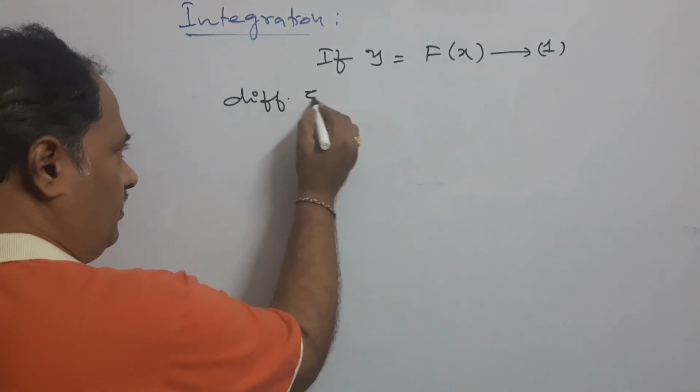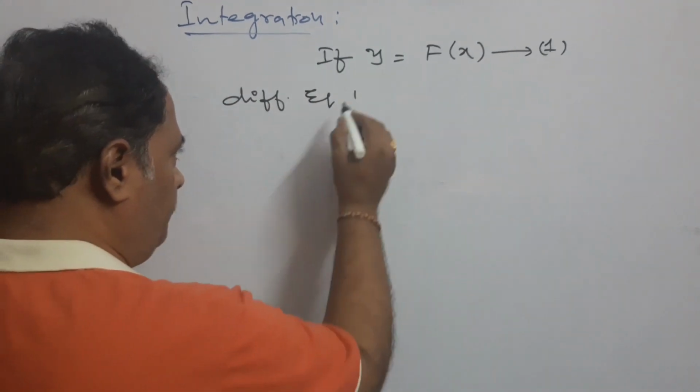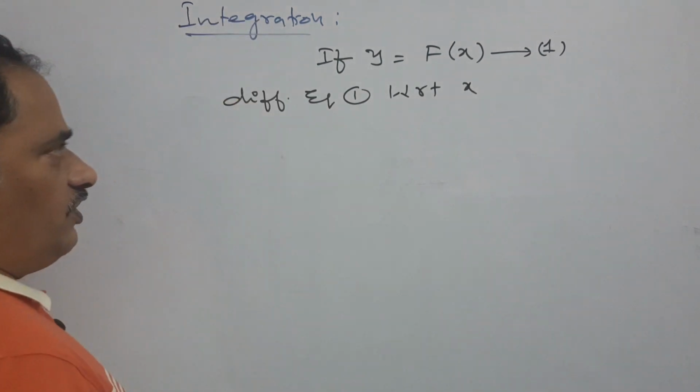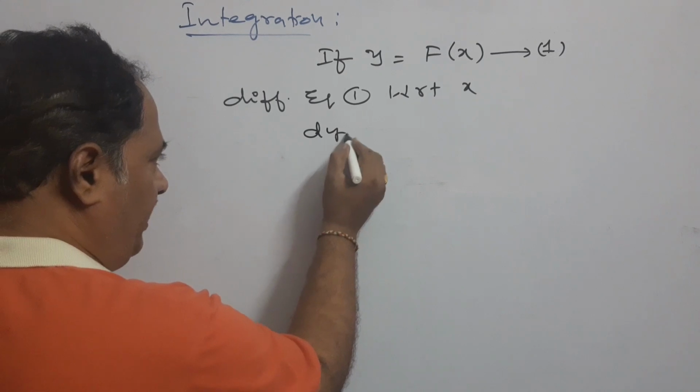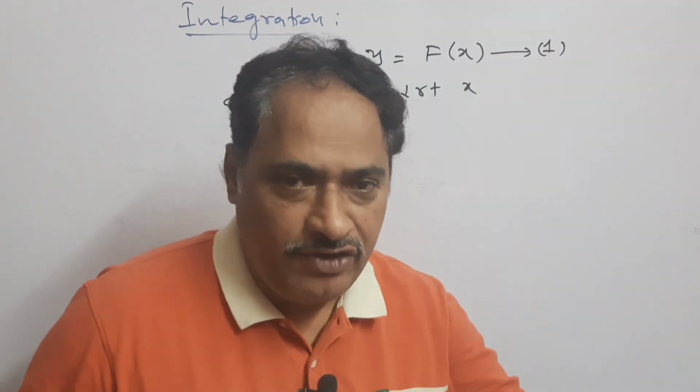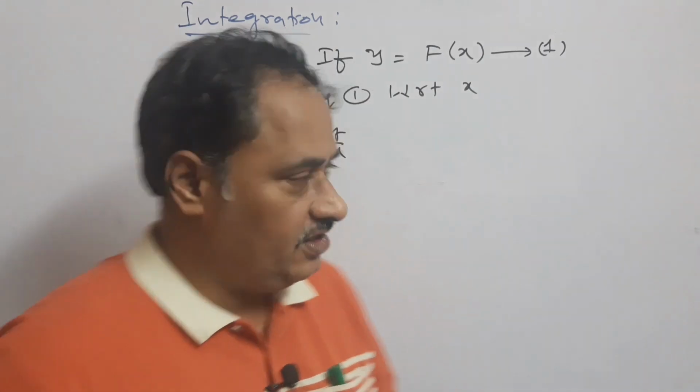Differentiate equation 1 with respect to x. Then what will you get? dy by dx, the derivative of y with respect to x.